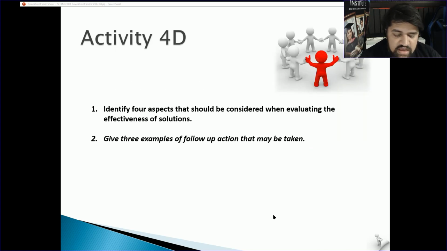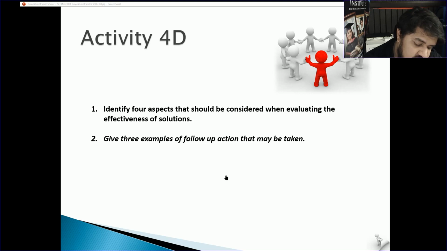All right, so now we're on to 4D. So identify 4 aspects that should be considered when evaluating the effectiveness of solutions. So we're looking at how we minimize the cost to the business. How do we include all employees in the consultation process?